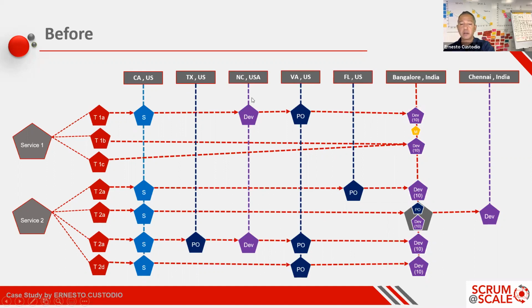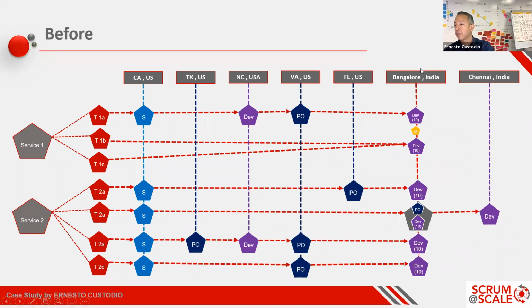What sticks out here? There was no Scrum Master, right? In some cases, team 1B and 1C went straight into development, no PO, no stakeholders, so very linear direction between what was needed and what was developed.